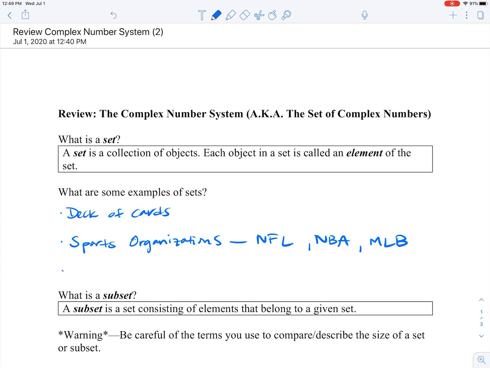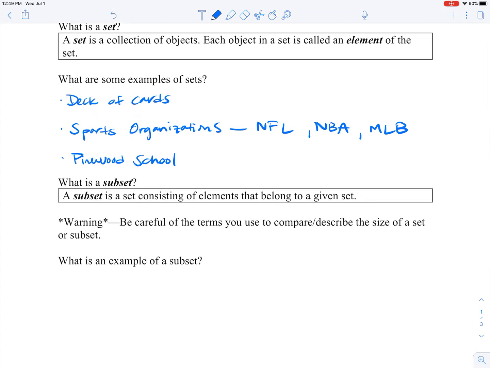Like the NFL, each team you could think of as being an element of the National Football League. And then one that should be familiar to all of you, how about Pinewood School? Each student would be an element of the set that we think of as Pinewood School.